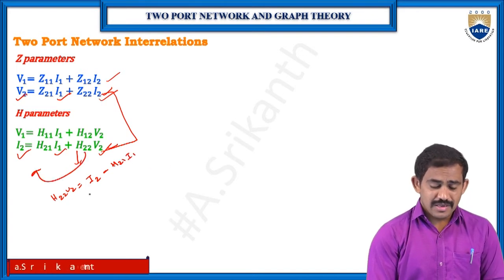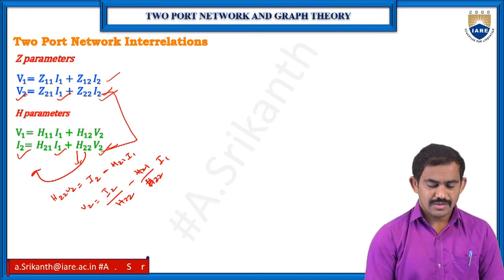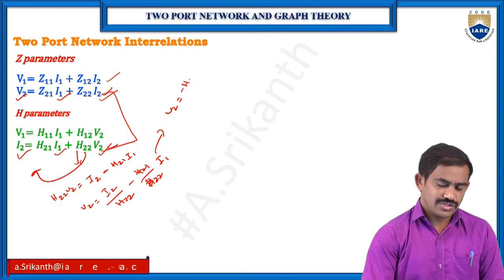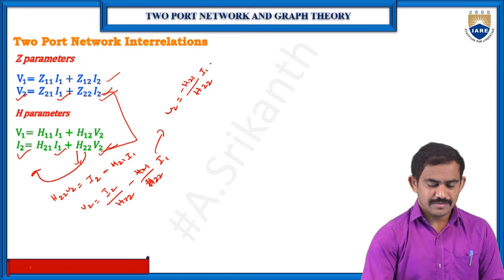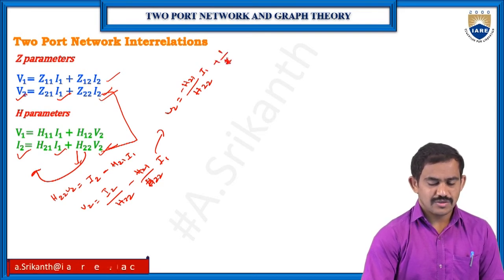So from this, V2 equals I2 by H22 minus H21 by H22. So from this, V2 equals minus H21 by H22 I1 plus 1 by H22.